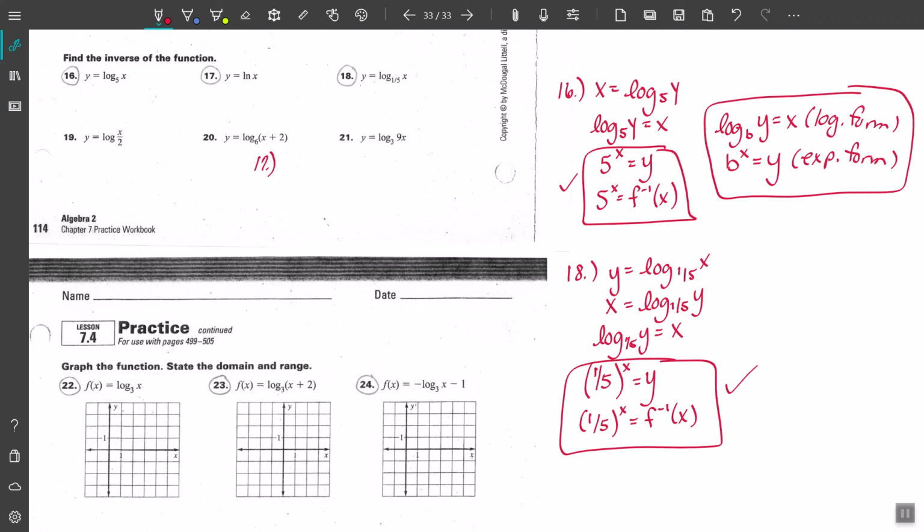So in this problem, once again, even though it has the ln there, the natural log, we're still going to switch our x and our y. That hasn't changed. And so when you see the natural log, it always means the base is going to be e. So when you see ln, it means the base is e, and e is Euler's number that we talked about before.